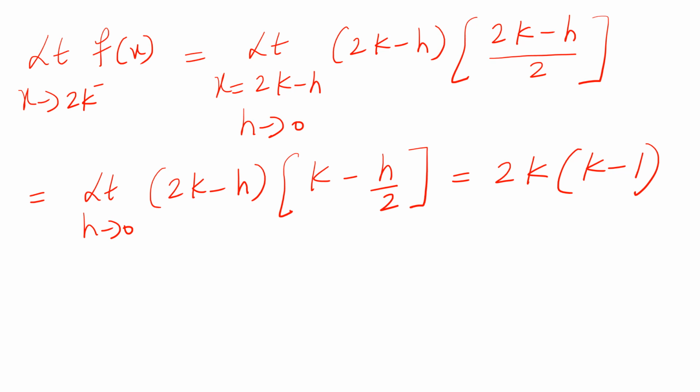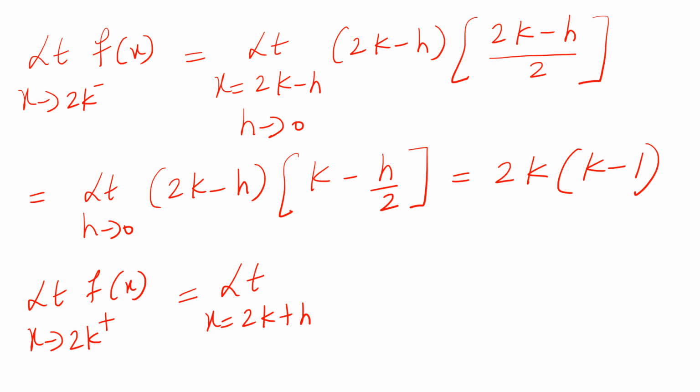Now students, we find the right hand limit at x = 2k for the function f(x). It becomes limit of f(x) as x tending to 2k plus. Now we will replace x by 2k plus h, where h is approaching 0. Now students, f(x) becomes (2k plus h) into GIF of (2k plus h) whole divided upon 2.